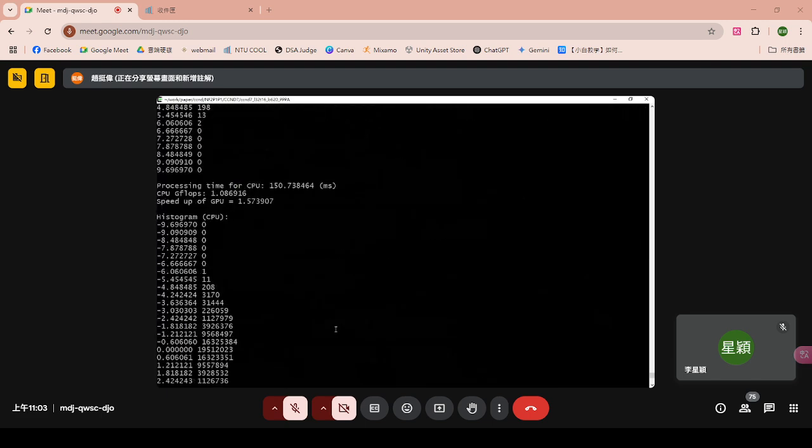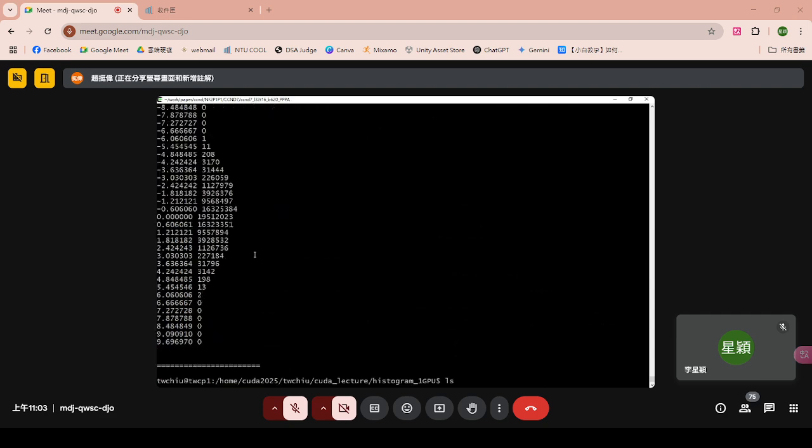The histogram is from minus 10 to plus 10, with 33 bins. This is the x. You can see the center, 0, has the largest number, and then it's almost symmetric, with respect to, say, 0.6 and minus 0.6.